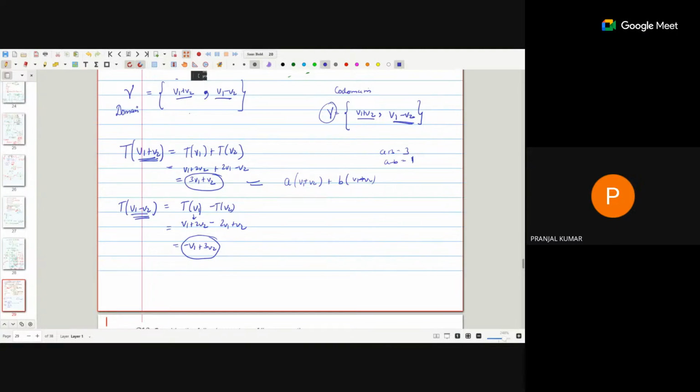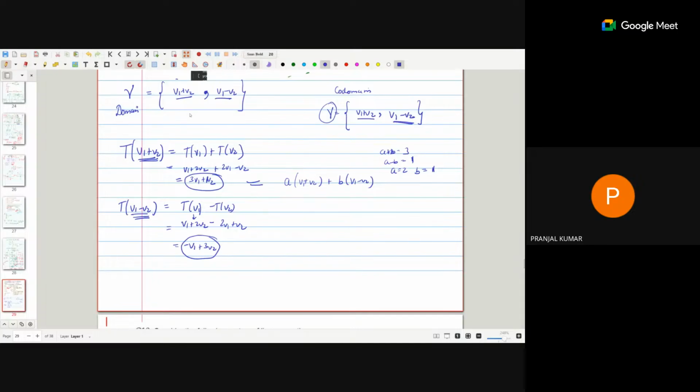Are you getting this? How? V1 has A and V1 has B, so A plus B times V1 equals 3V1. So A plus B equals 3. Then A minus B equals 1 from here. So just calculate it, you will get A as 2 and B as 1.